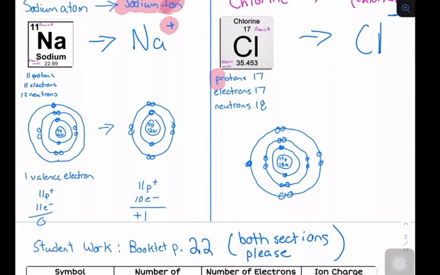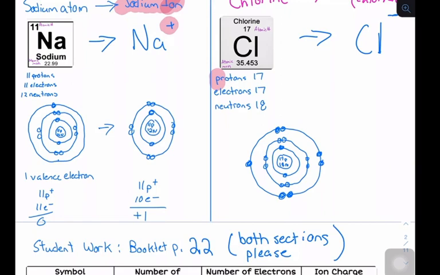And chlorine's one of the halogens in group 17, and they are the most reactive nonmetals. And the reason they're the most reactive nonmetals is because they just need 1 electron to be a full shell. So they'll rip that electron from any number of elements.